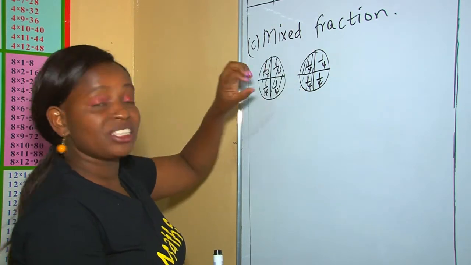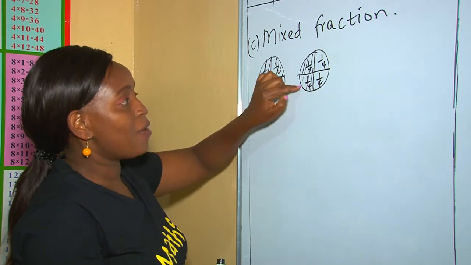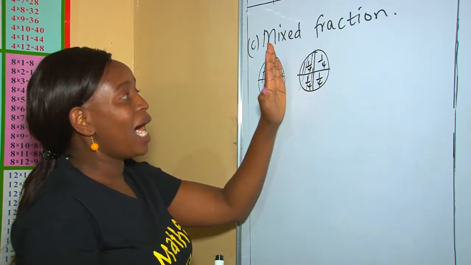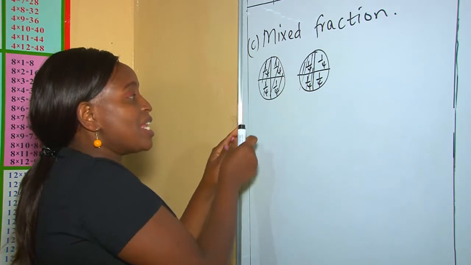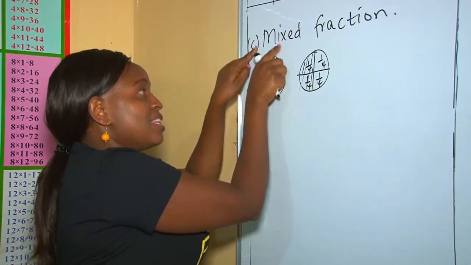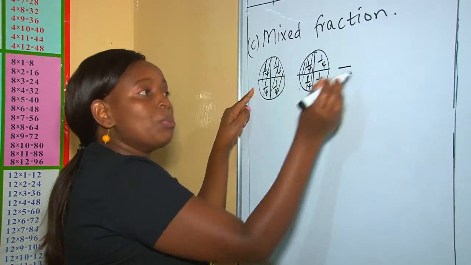So how many parts are shaded there? As you can see, there is 1, 2, 3, 4, 5, 6. But these 2 are not part of this. So therefore, this alone is a whole number. It's 1. So as a fraction, this part will be written as 1.